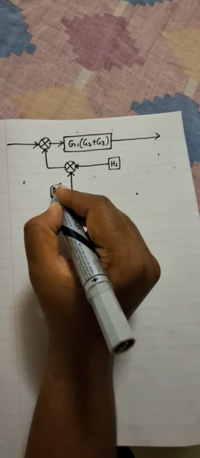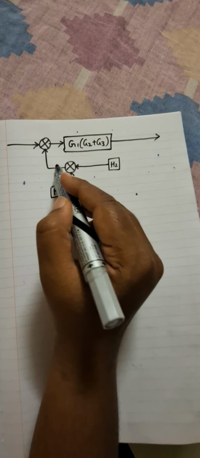So to this, what I did is bring the summation before. When I bring the summation before, the summation has two inputs. So I should write H2 here and H2 here, because usually H2 is here.